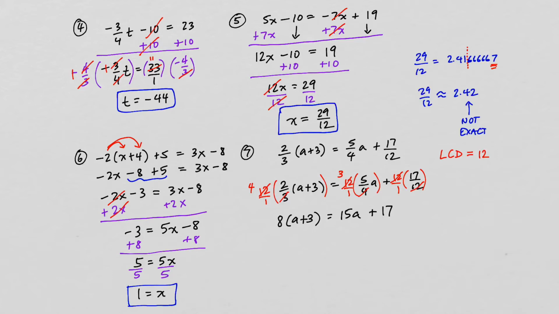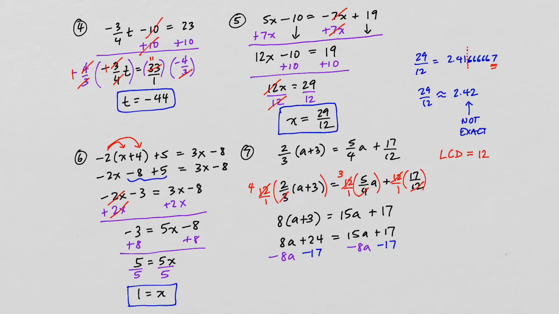Once those fractions are removed, this becomes a relatively simple example, very much like the other problems that we've done in this section. And so to finish this up, I'm going to subtract 8a from both sides, and simultaneously, I'm going to subtract 17 from both sides.